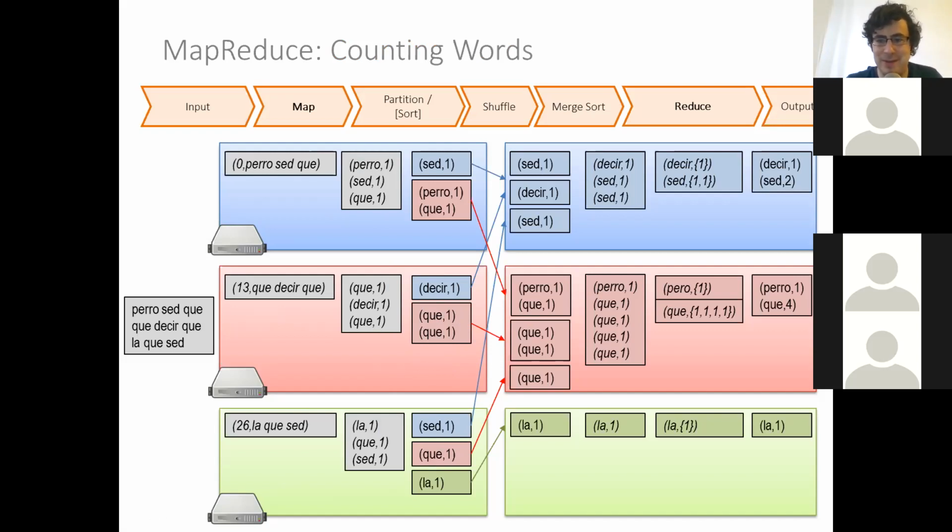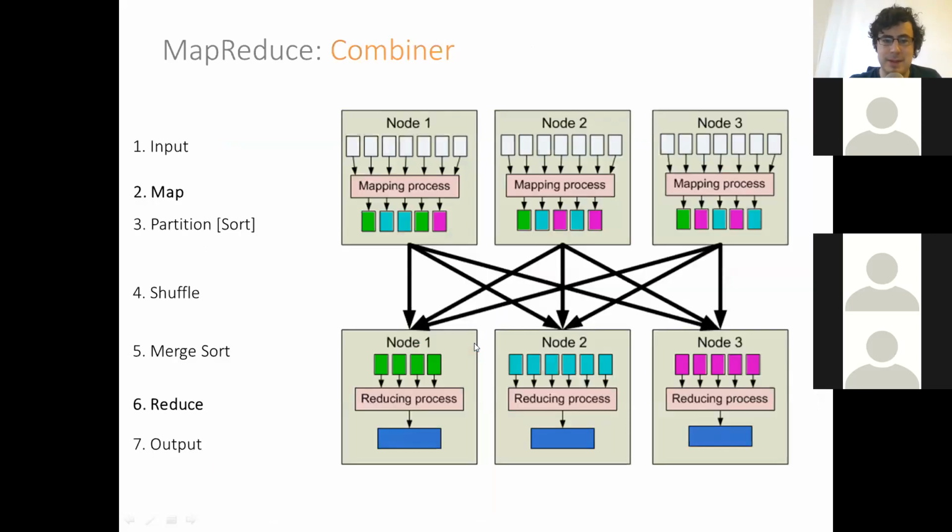Why wouldn't you just write (de,5), or in this case, K2, right? If you did that, then you would have to send less data across the network. Remember that this is all over the network, because you need to exchange data between machines. So rather than write K1 twice, why not write K2, right? This is an optimization called the combiner.